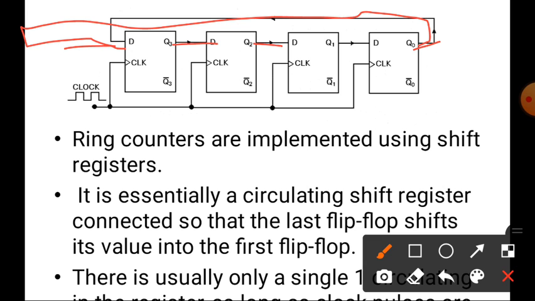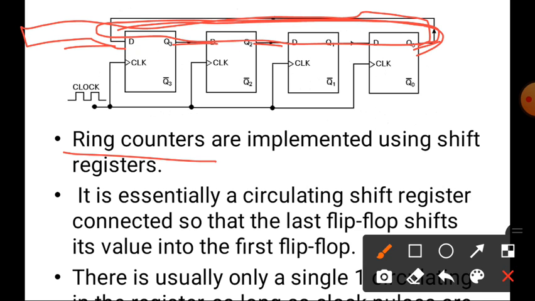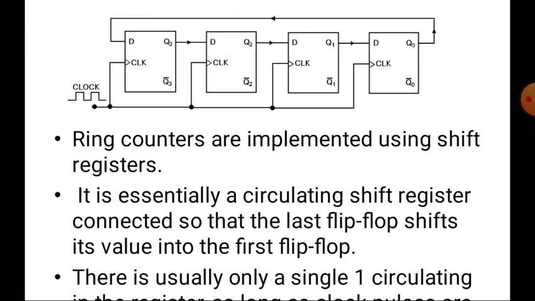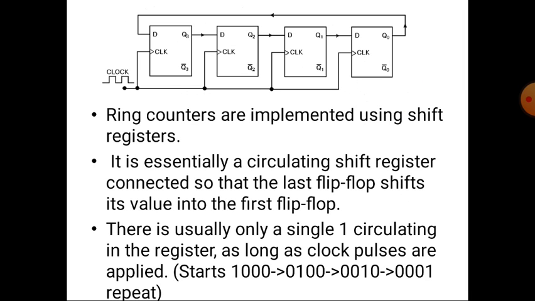So the array of flip-flops is arranged in a ring, so it looks like a ring. Therefore its name is ring counter. It is essentially a circulating shift register connected so that the last flip-flop shifts its value into the first flip-flop. There is usually only a single one circulating in the register as long as clock pulses are applied.